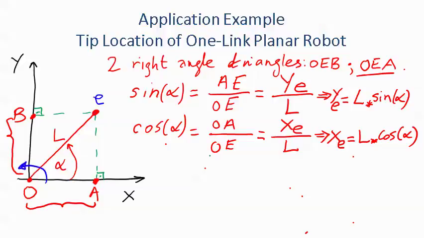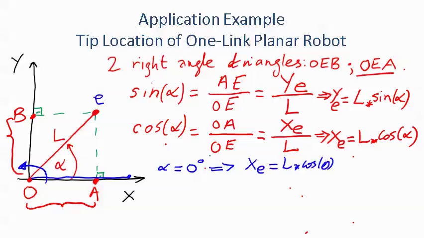So as this robot is rotating about the origin O with an angle alpha, we can find out where it will be. Let us assume that angle alpha is equal to 0 degrees, which means that our robot will be along the x-axis. So if we apply this angle alpha into the expressions of XE and YE, we find that XE is equal to L times cosine of 0 degrees.